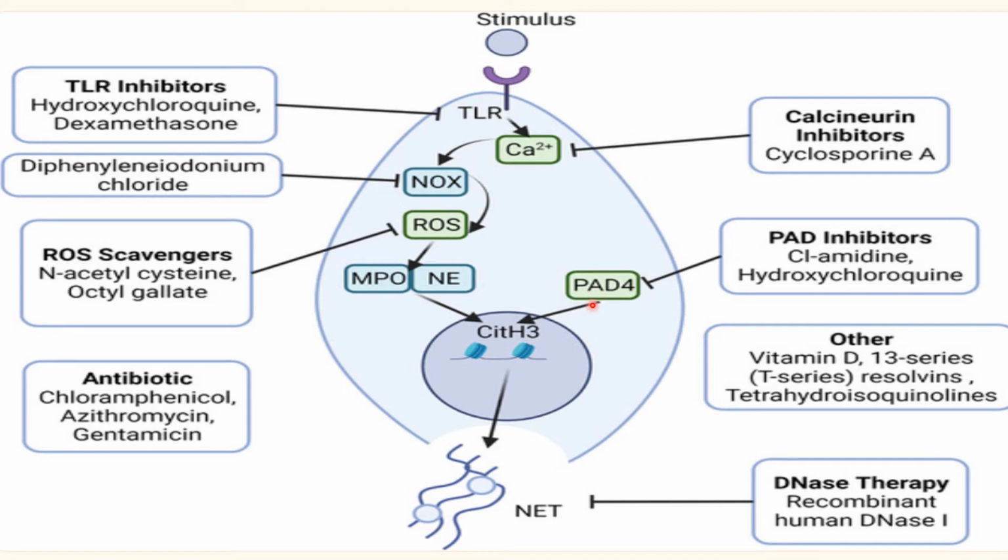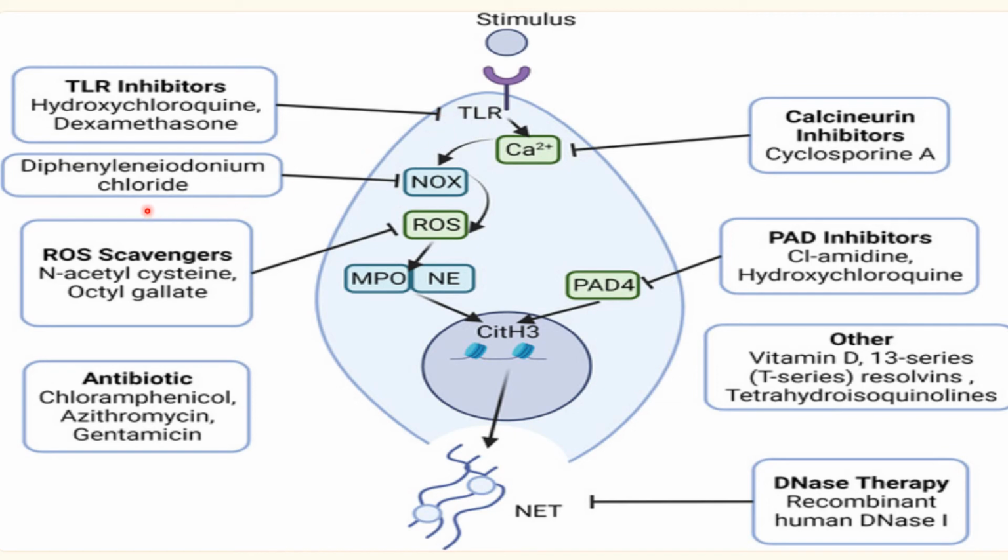So using PAD4 inhibitors like Cl-amidine, hydroxychloroquine is under trial also. We have also toll-like receptor inhibitors like hydroxychloroquine or dexamethasone. These will act on toll-like receptor as a receptor that stimulates NETosis.